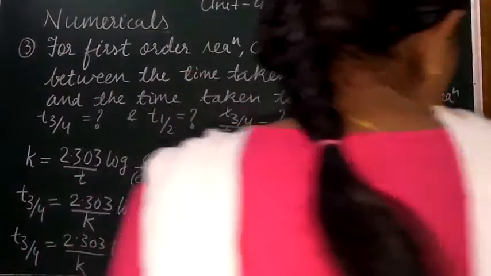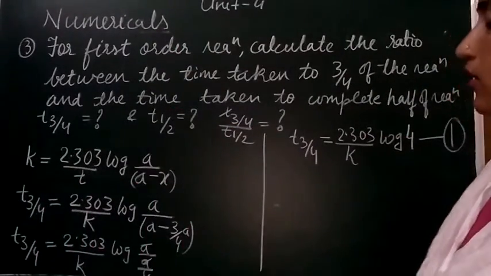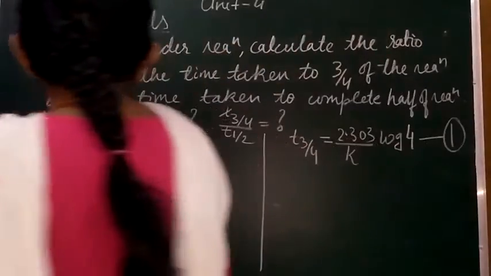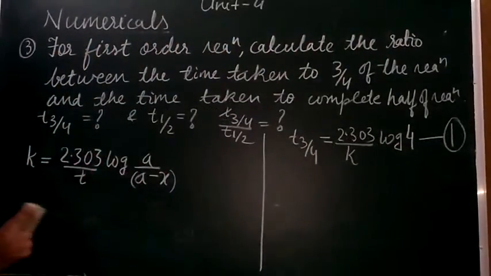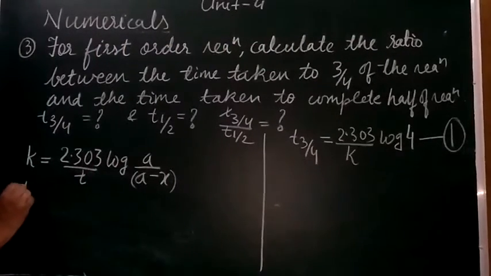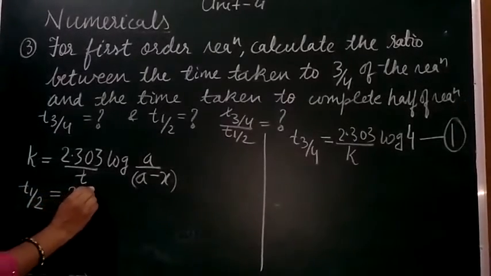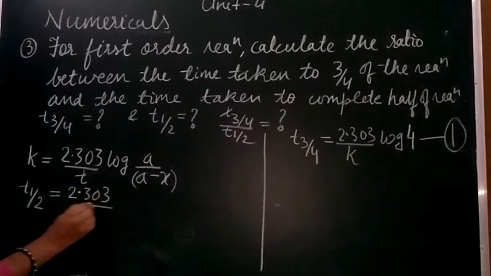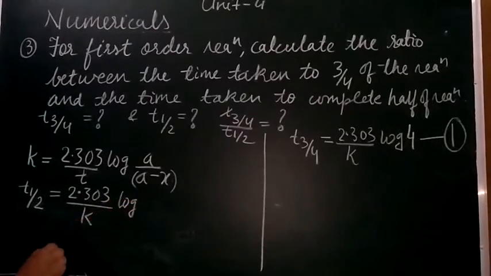Now we will find out the t half of the reaction. This was the first part, I am just getting it from here. So it will be now t half equals 2.303 upon k log, right?